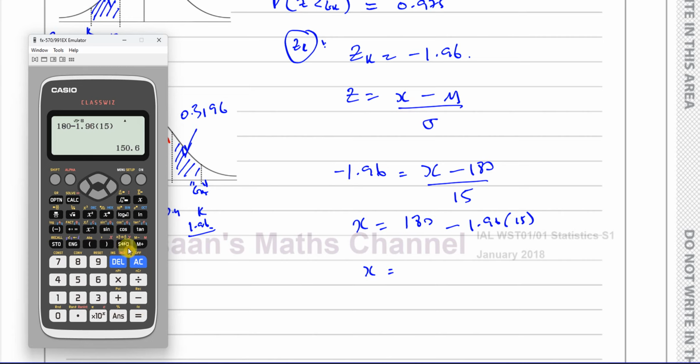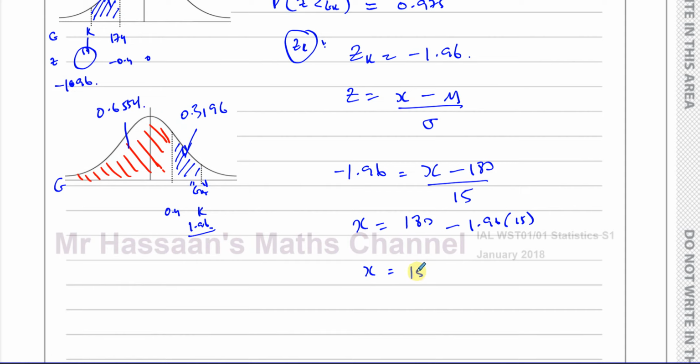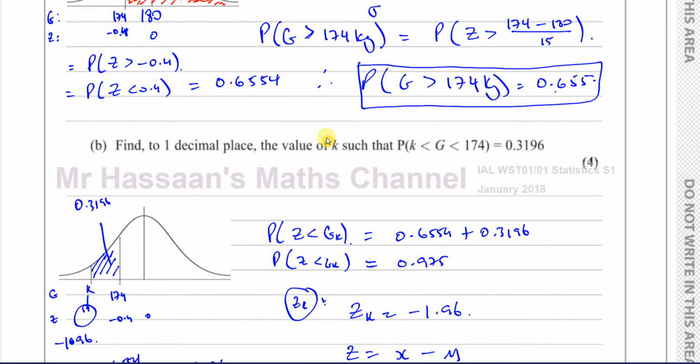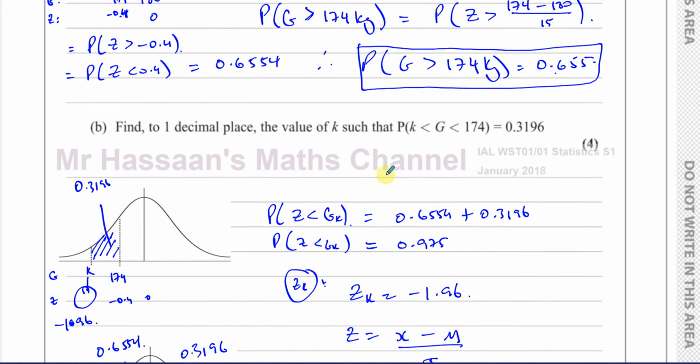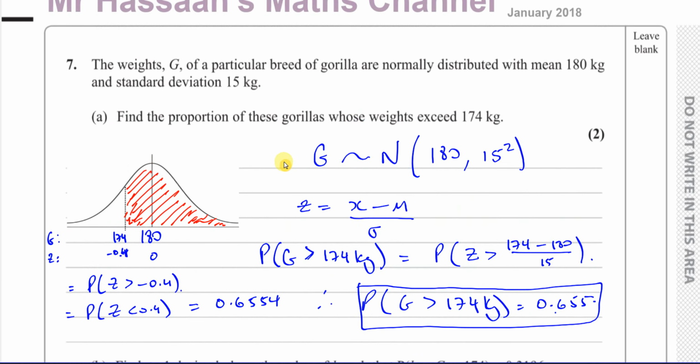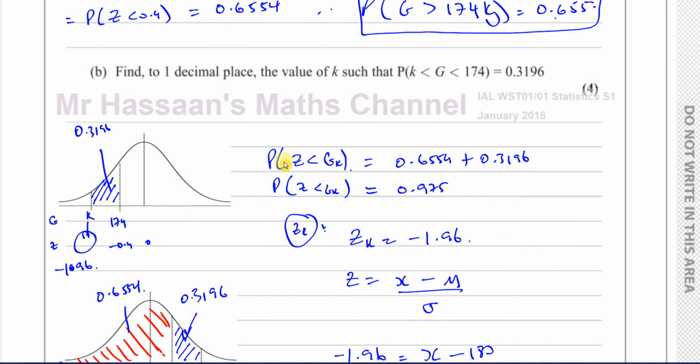Okay, that gives us 150.6 kilograms. All right, so that is the value of K. I'll say therefore K is equal to 150.6 kilograms to one decimal place. Okay, so there's your answer for number 7, part B.